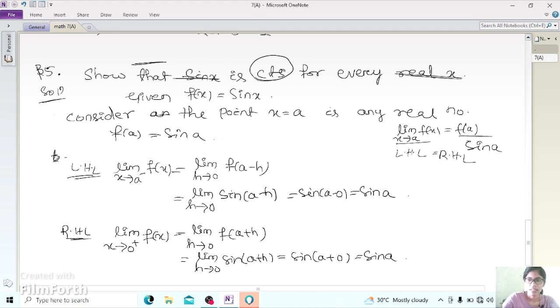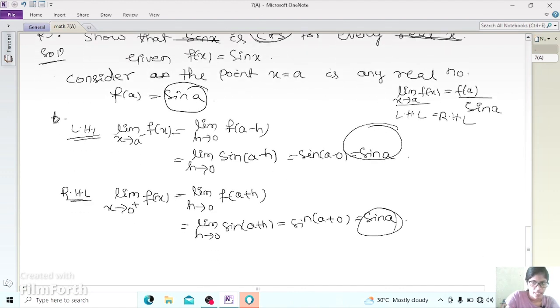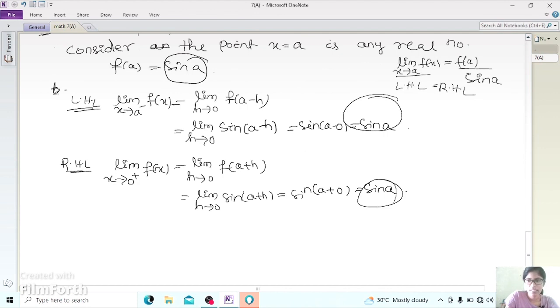That means left hand limit is sin a, right hand limit is sin a, and function value is also sin a. That means the function is continuous at x equal to a. Since left hand limit is equal to right hand limit is equal to function value, the condition is satisfied.